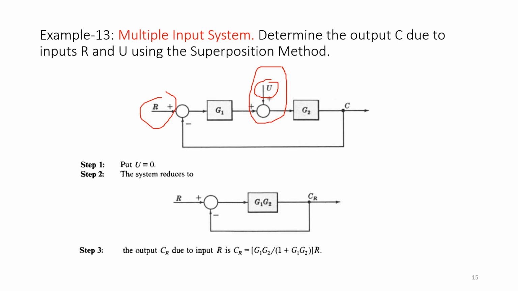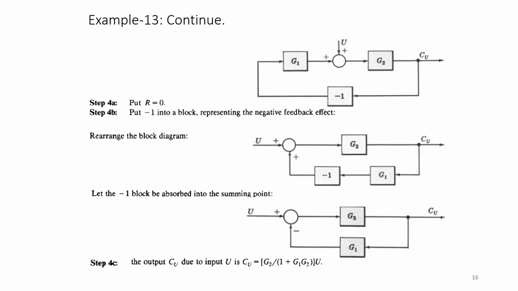So finally you get the output response CR as equal to G1 G2 divided by 1 plus G1 G2 into R.